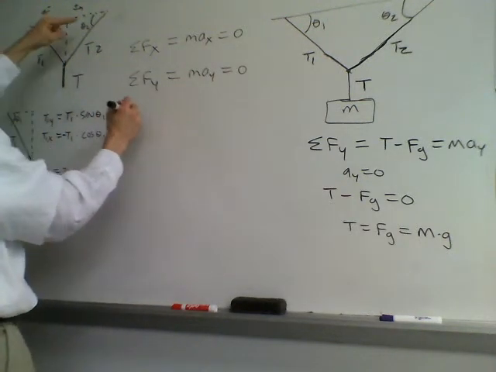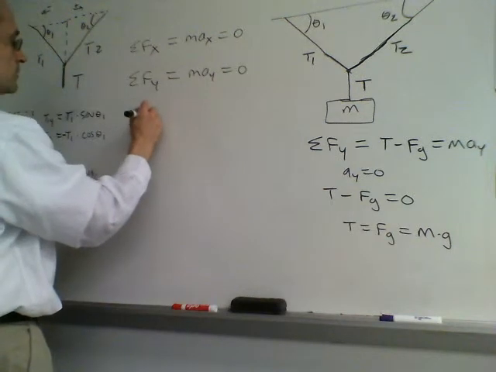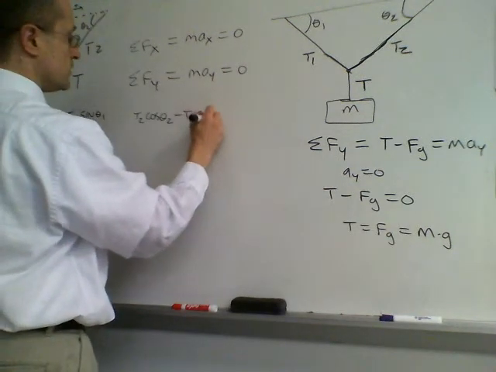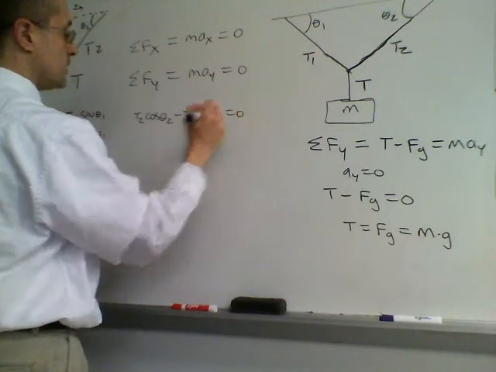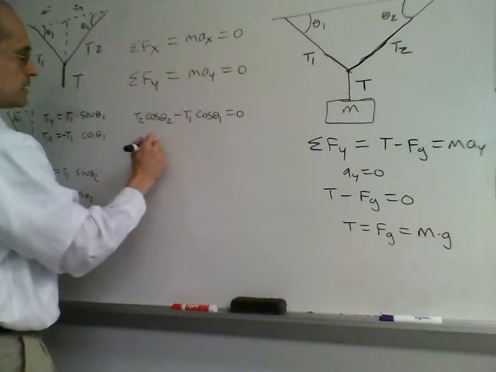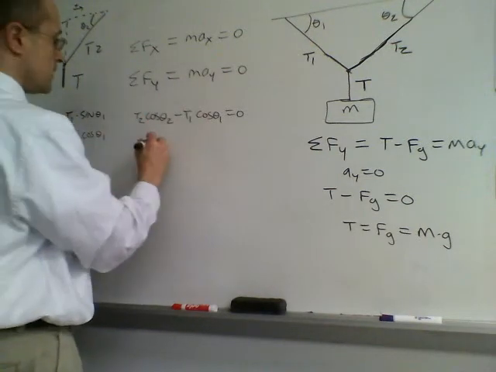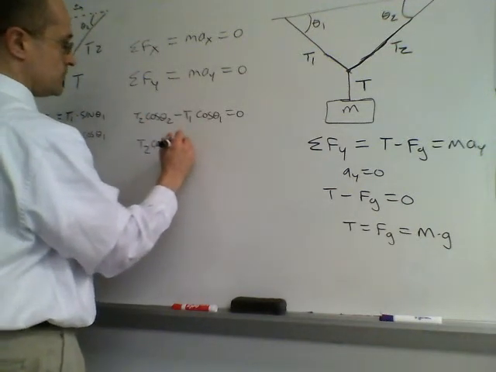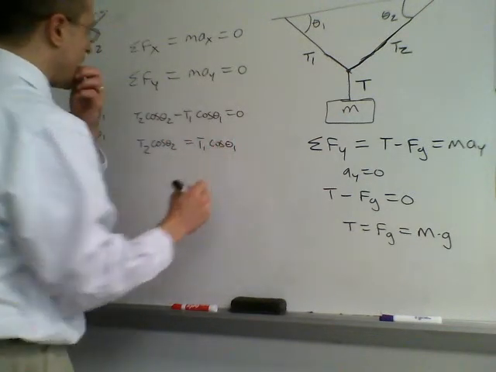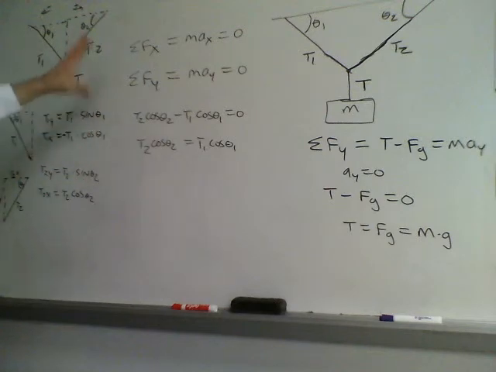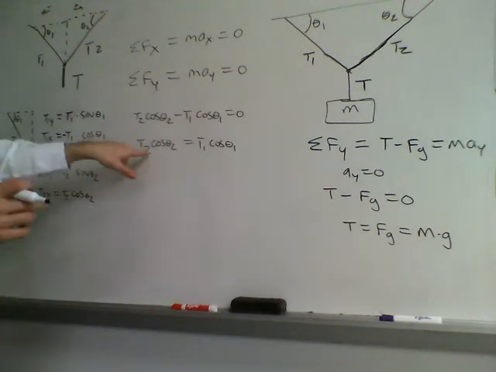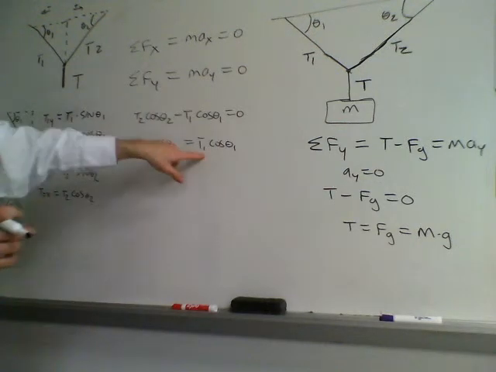If T2 is positive, we have T2 cosine theta 2 minus T1 cosine theta 1 equals 0. We can solve this by saying T2 cosine theta 2 equals T1 cosine theta 1, and since we're doing this without numbers, this gives us a relation between T2 and T1.